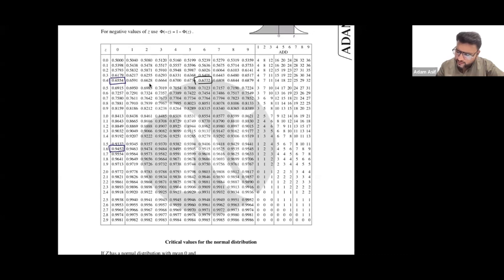We need to add 10. So the closer one is 11. So we are going to take the z value of 0.463.